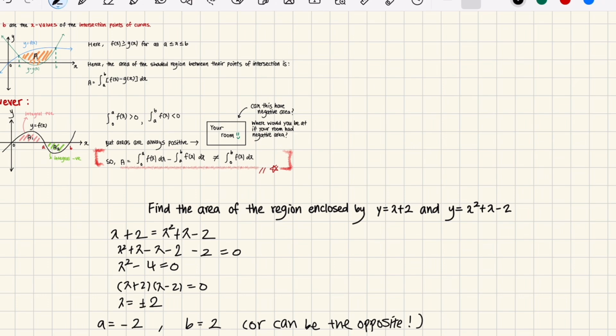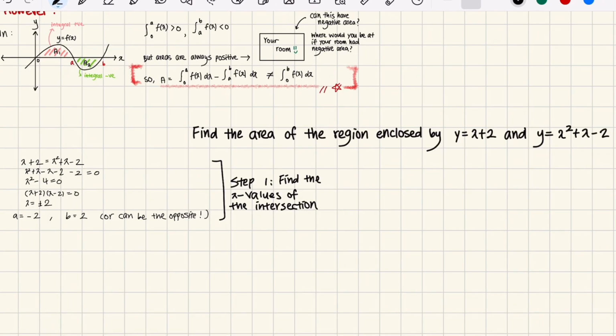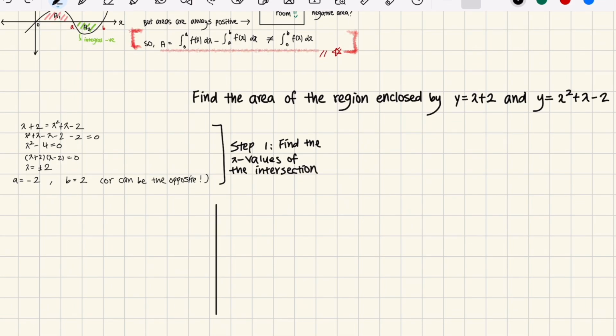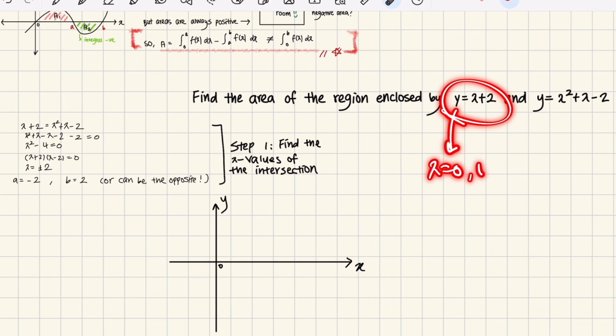Okay, now we have the intercepts ready. The second step is to figure out which function is above which function. We can do this by sketching the graphs. We have the y-axis here and the x-axis here. We know that for this function, when x equals 0, y equals 2.